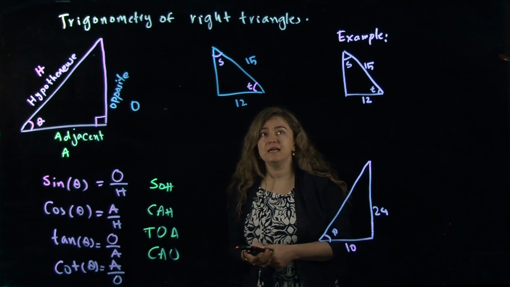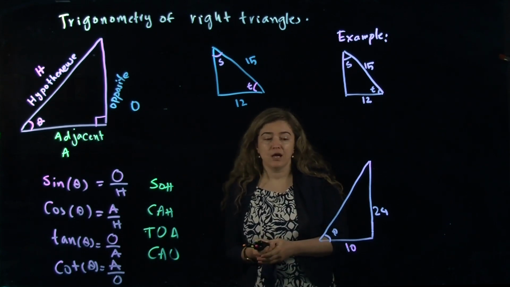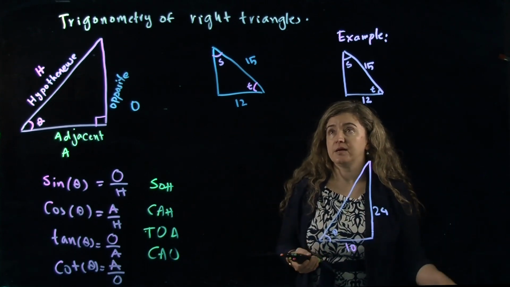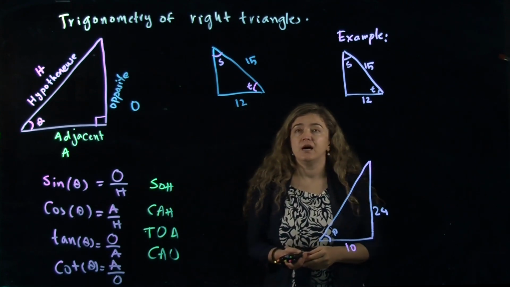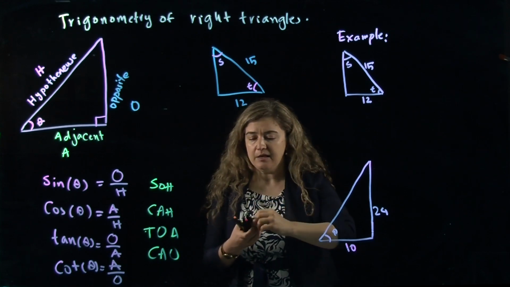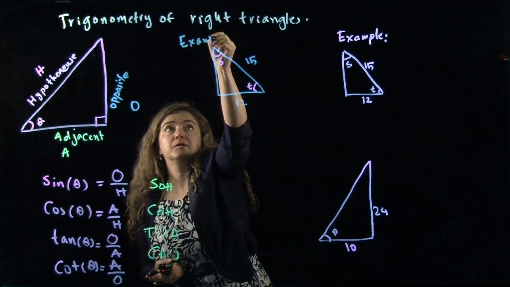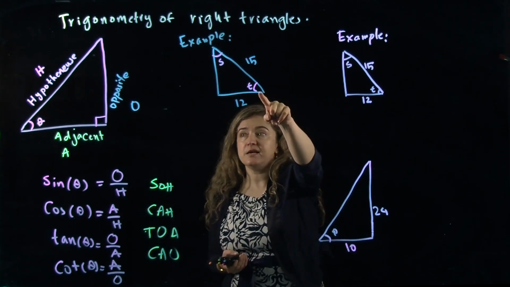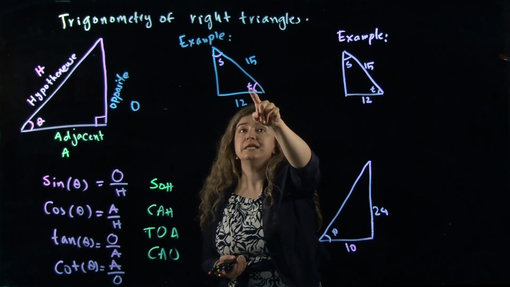The next thing is I'd like to do a few examples that are related to these formulas. Let's say this is example 1, and here I'm planning to find the trigonometric values for t.